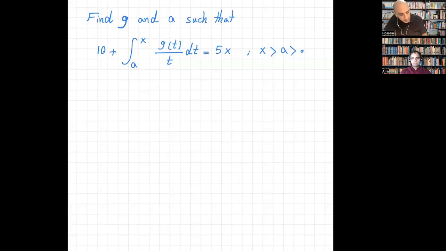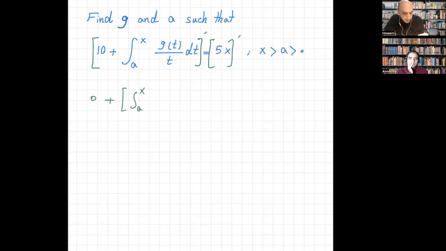Okay, let me see. If I take the derivative from both sides, then the derivative of 10 is 0, and then I'm going to have the derivative of this integral from a to x.